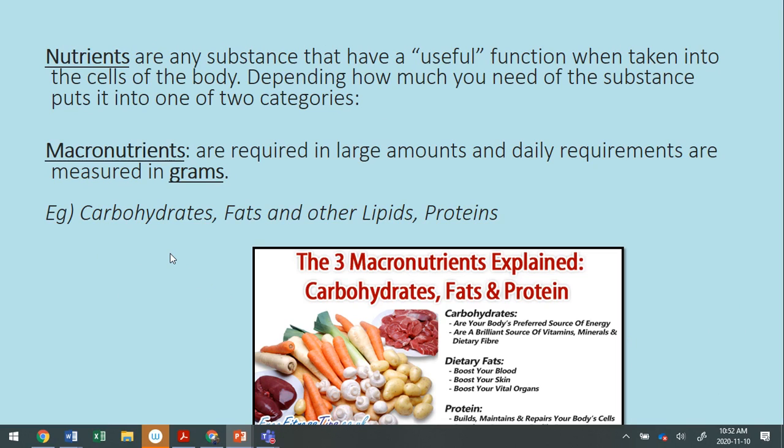So before we start talking about specific macronutrients, we should define what a nutrient is and what a macronutrient is. Okay, so a nutrient is any substance that has a useful function in our body.